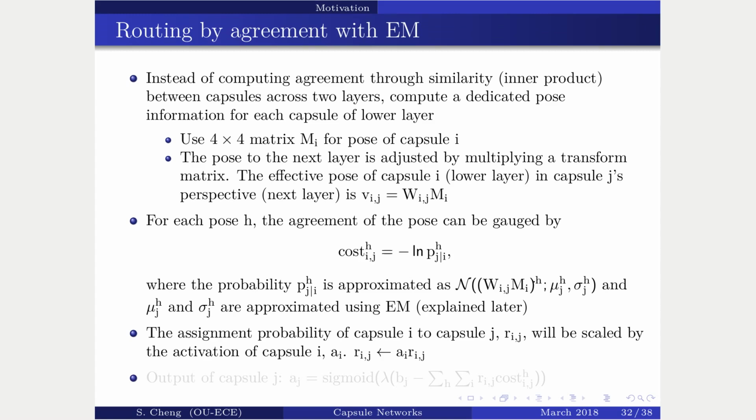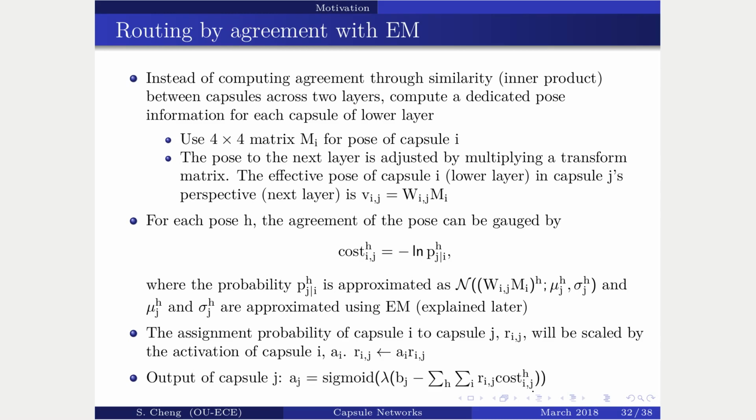And also for the EM estimation, the assignment probability from capsule i to capsule j, Rij, will be calculated, but that will immediately be scaled by the activation of capsule i. That is, Rij will be replaced by ai multiplied by Rij.